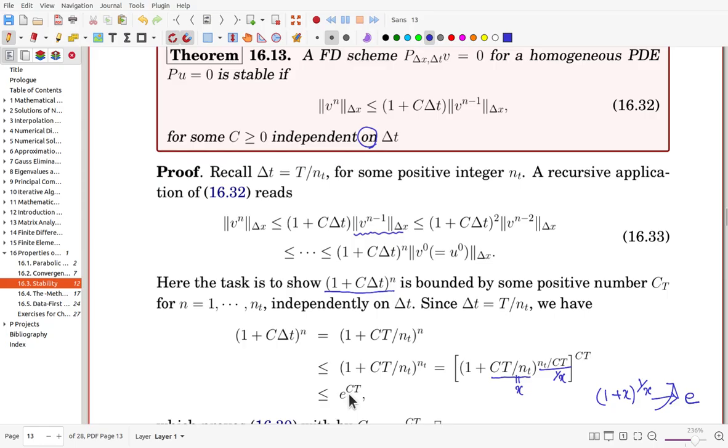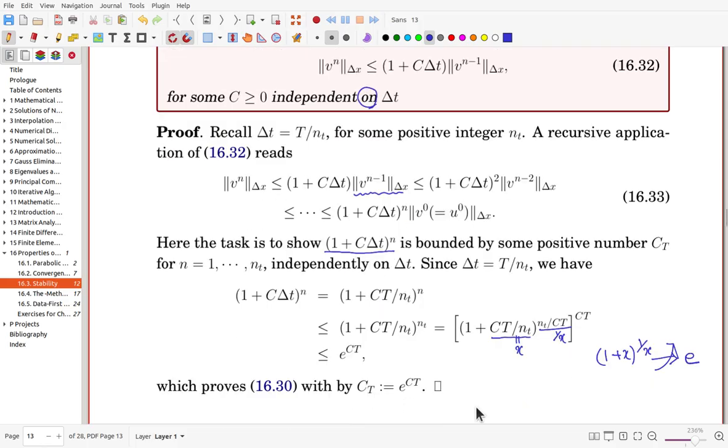c is a constant and t is the final moment of the time, so that this number exists, and this quantity is a bounded number. So that one is bounded by this quantity, so that eventually we proved the inequality used in the definition of stability.